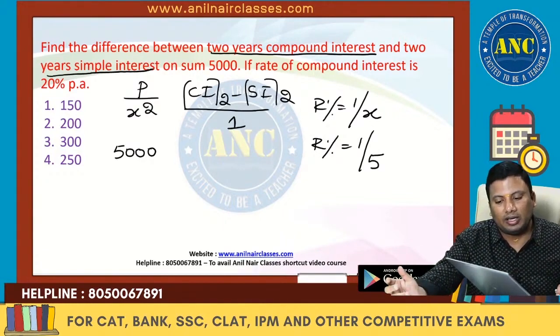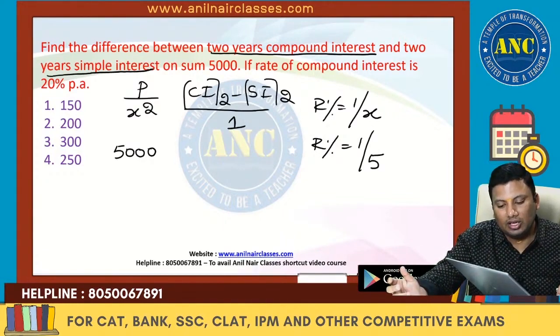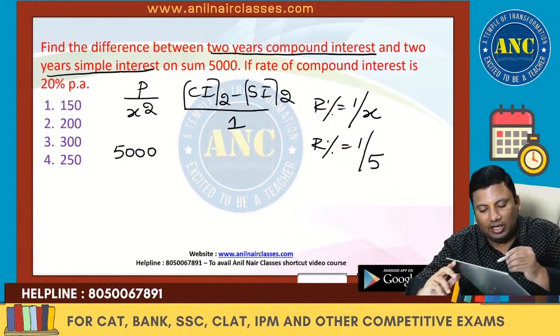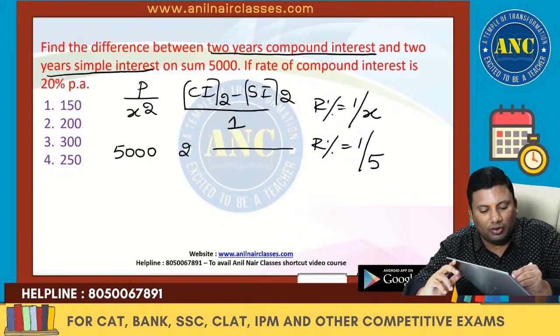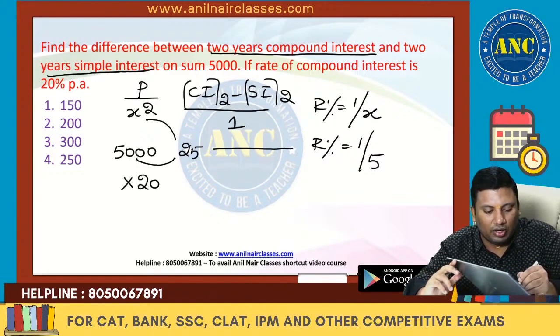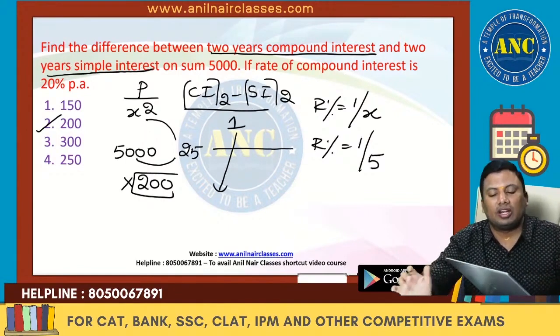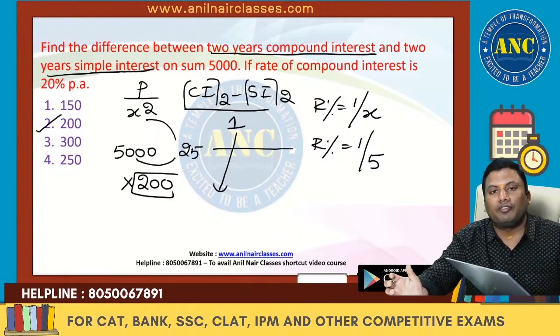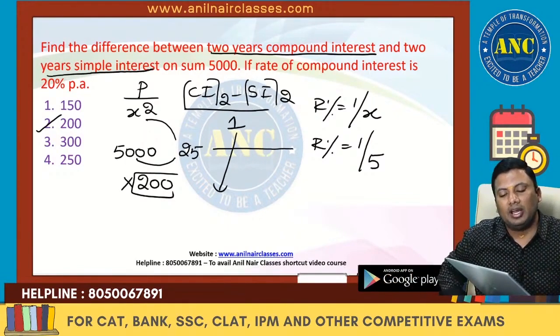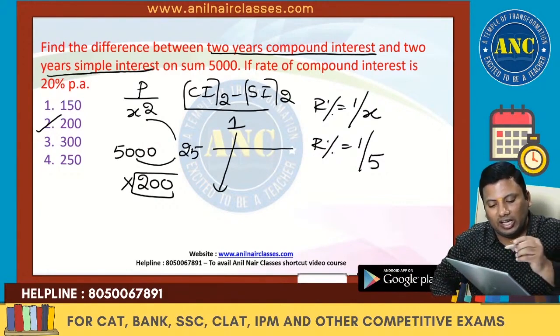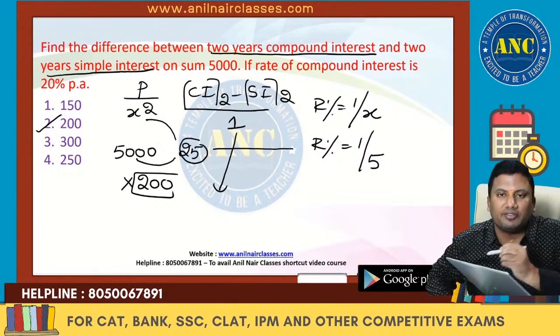When R is 1 by 5, the value for P is 25. This is into 200. Are you with me? So 1 into 200, the answer is nothing but 200. So if R percent is 1 by 5, the principal is 5 square, 25. But in the question it is 5000.